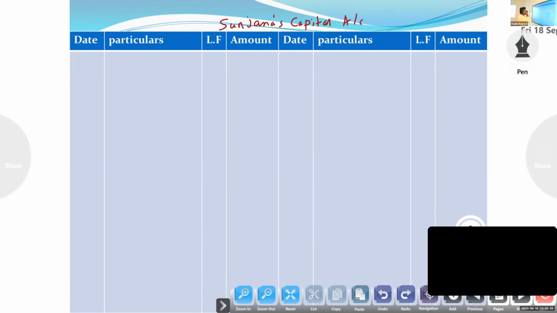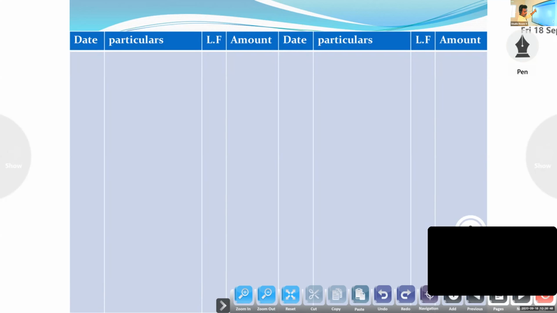So what do we write, by opening entry? This one, Sanjana's capital, we will do last, because more debit and credit entries are there. Next we will do that. So you prepare the column. Only one item is there that I will show.